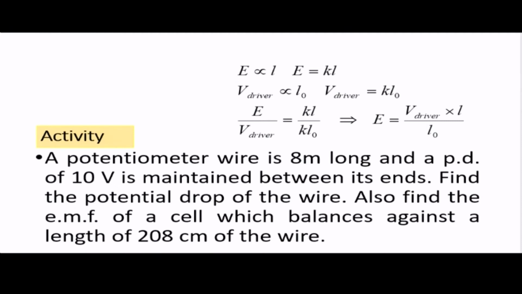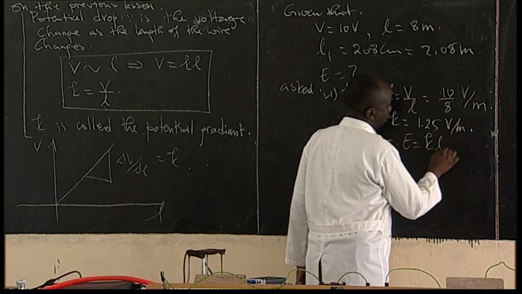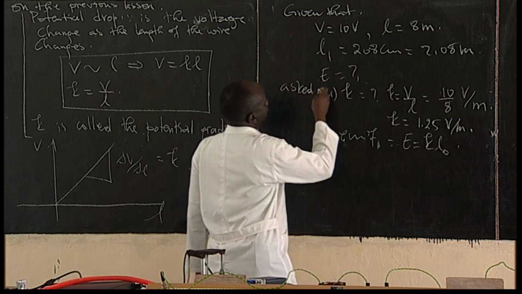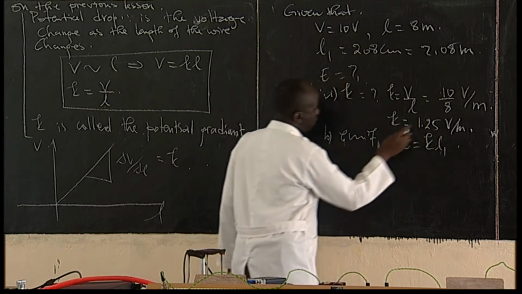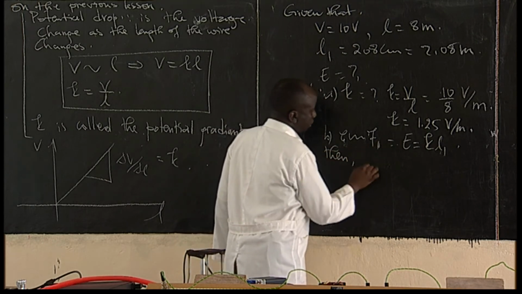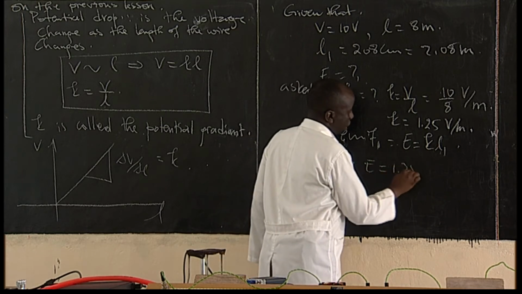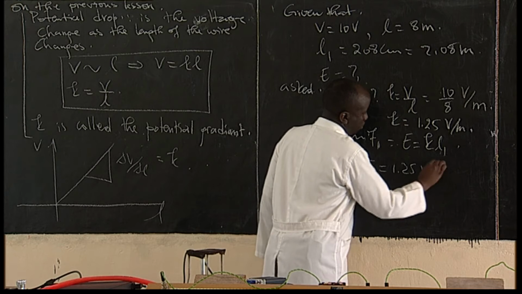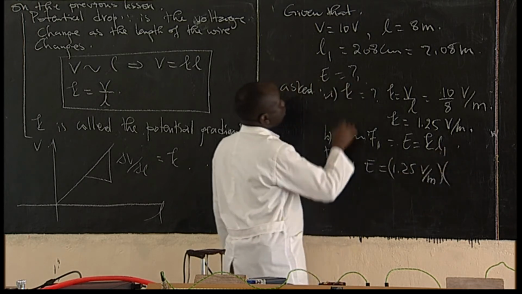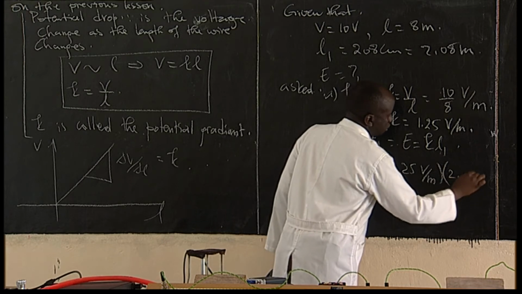So here we have that K, times L that is being L1. So this is L1. And then here we calculate E, which is going to be equal to 1.25 V per meter times L equals 2.08 meters.